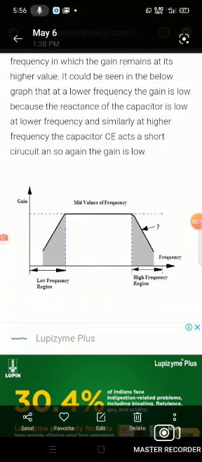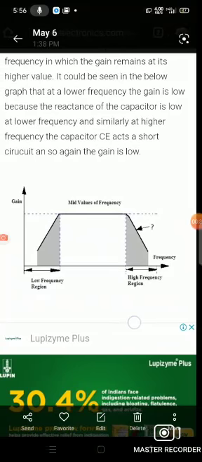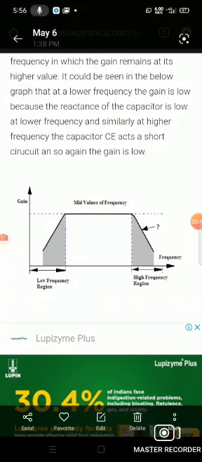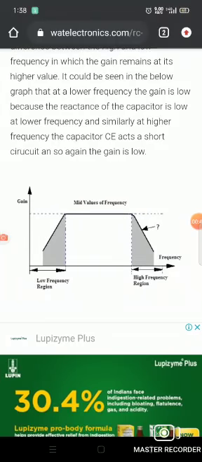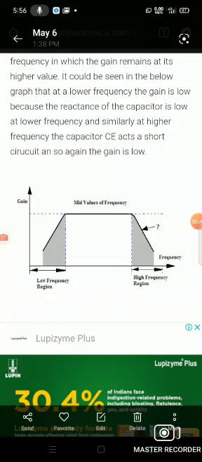What are the input signals considered, and what are the output signal amplitudes at the different input frequencies, from lower frequencies to higher frequencies? Between those frequencies we have to get the amplifier output.